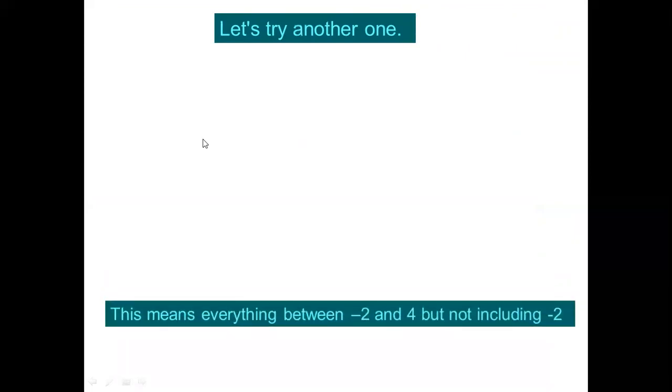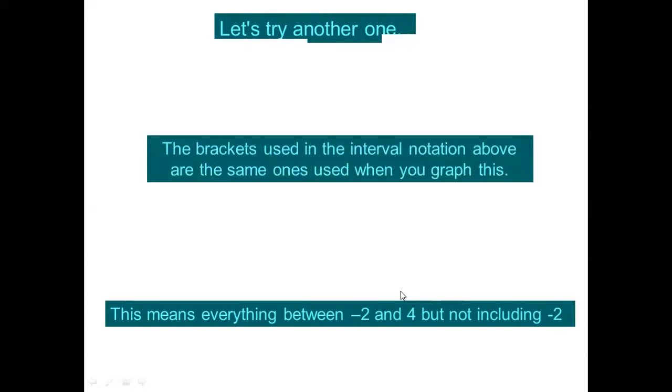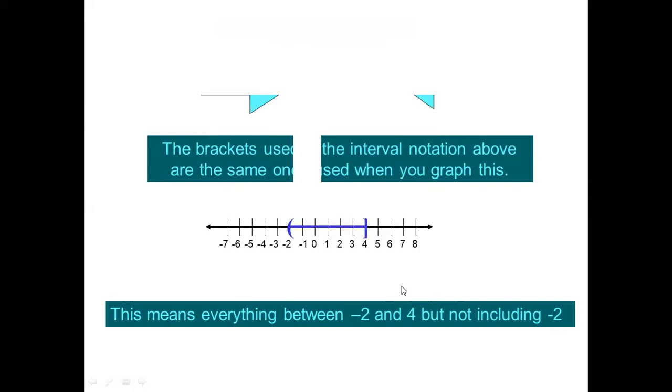Let's try another example. This means everything between -2 and 4, but including 4. So we will use this type of bracket.